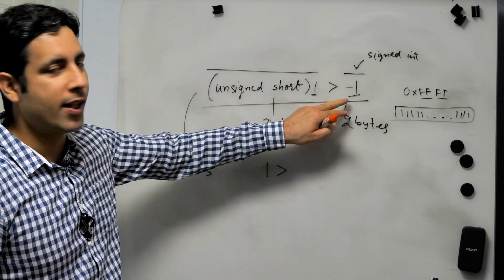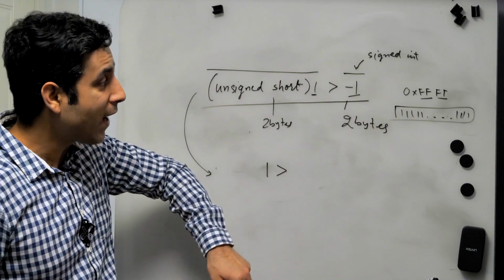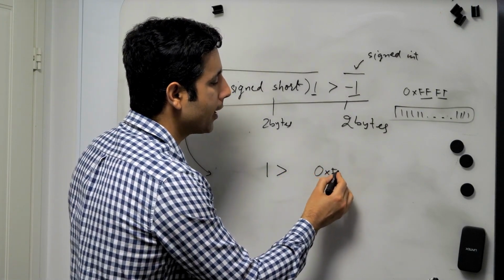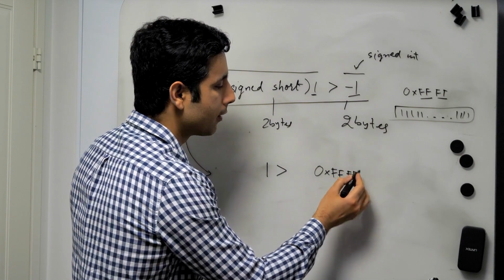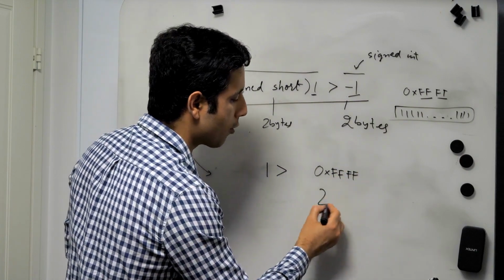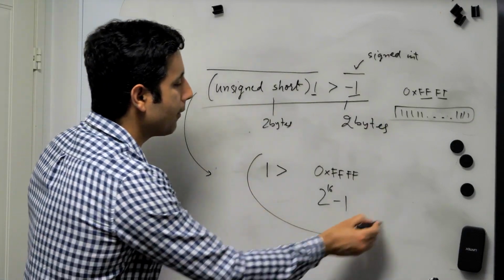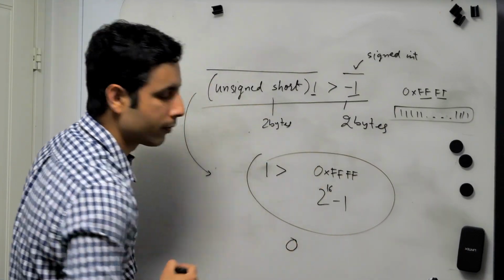And 16 ones, if you convert to an unsigned value, this value is quite huge. The hex would be, and you can also write it as, so obviously if you evaluate this would be 0.